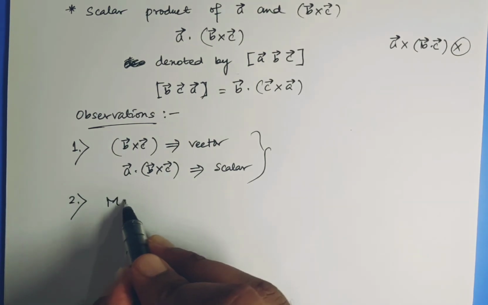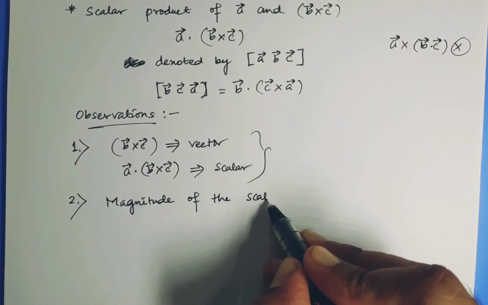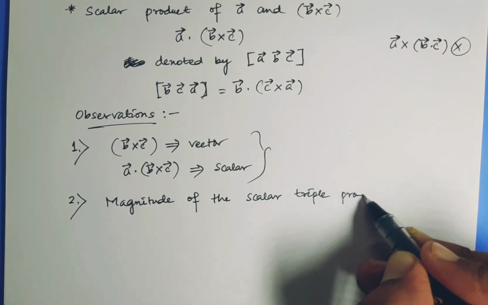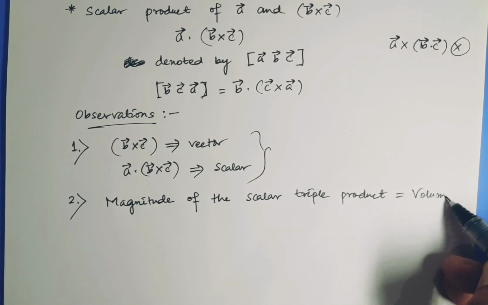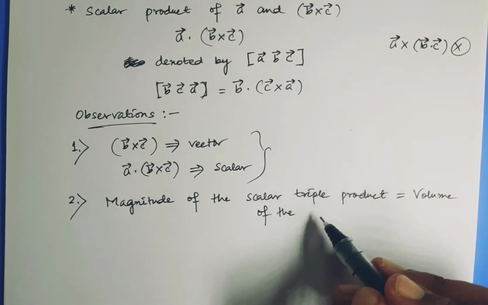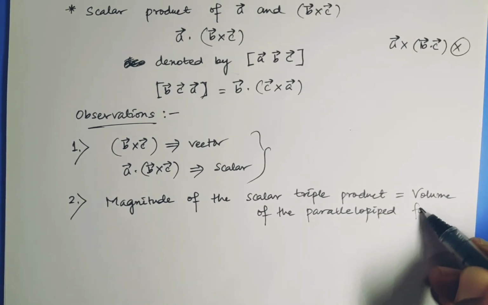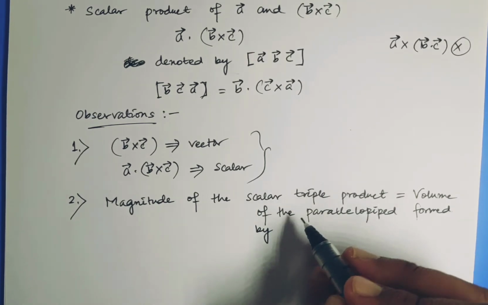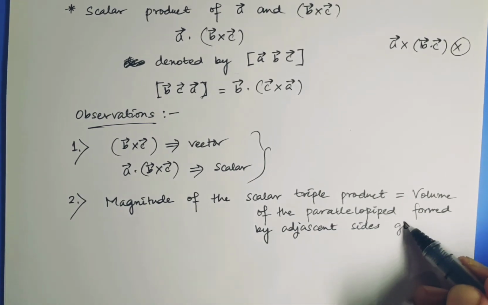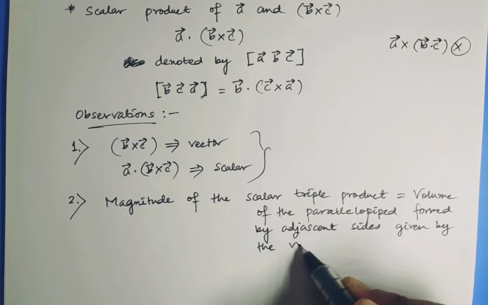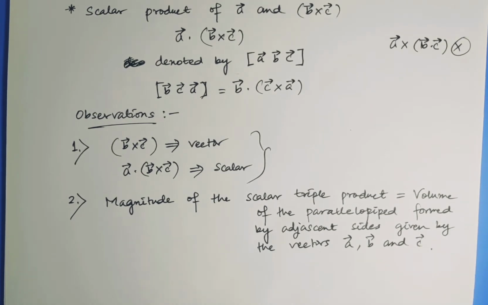It says the magnitude of the scalar triple product is equal to the volume of the parallelepiped formed by adjacent sides given by the vectors A, B and C. For the moment, just write this thing, then I will explain.